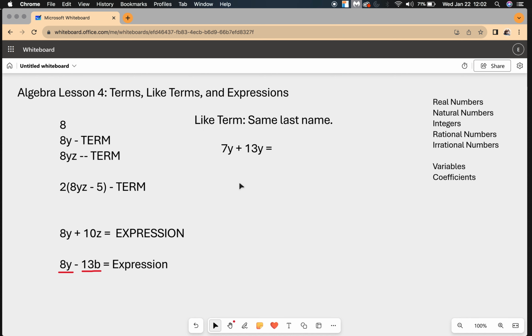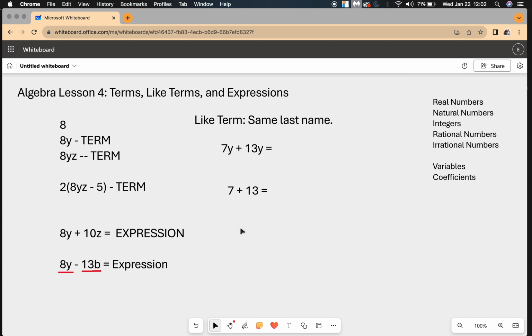Now we know that we can pretty easily add something like 7 plus 13 together. That's just a standard addition problem. But when we get the variables on, if they're not exactly alike, then we can't add them together, because that would be like trying to add a combination of apples and cucumbers to something that just has apples in it. It doesn't work very well.